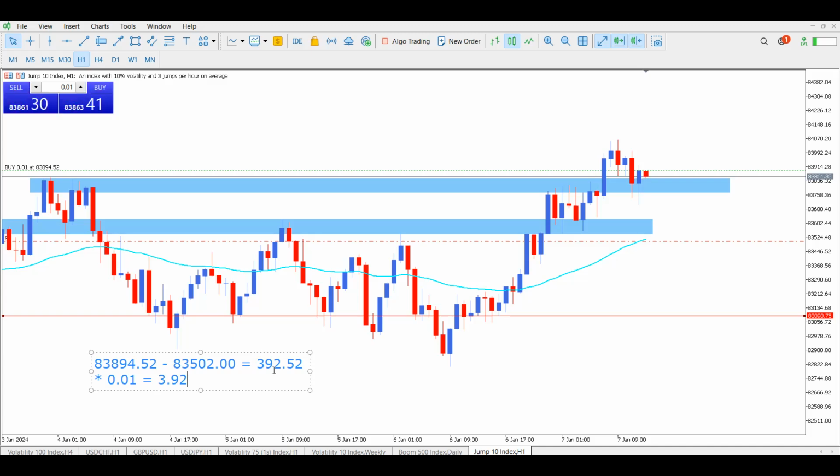So this automatically tells us that on this very buy position, I'm risking $3.92 on this buy trade. So I don't have to wait to have my stop loss get hit first. I'm currently very much aware of what I'm risking on this position.